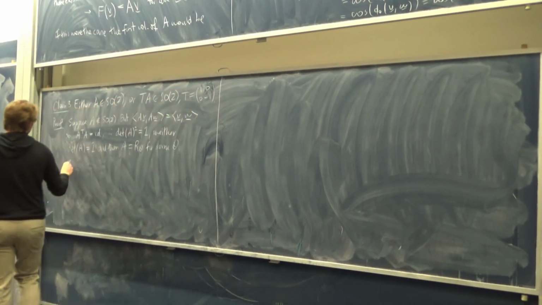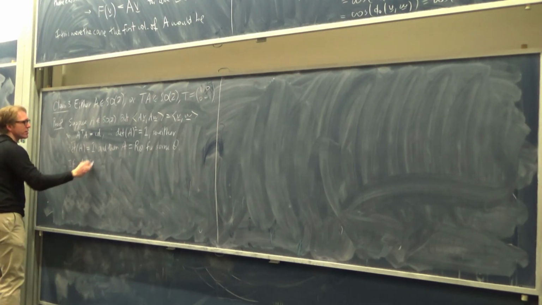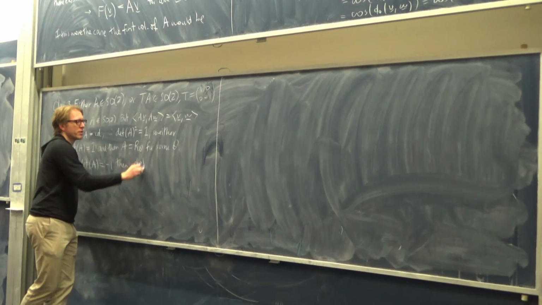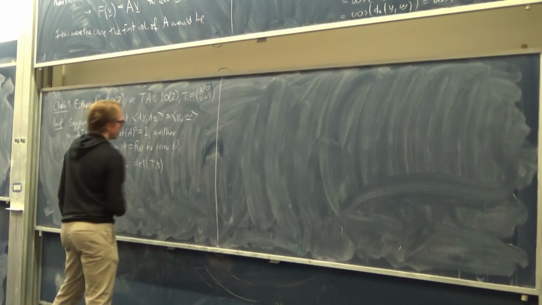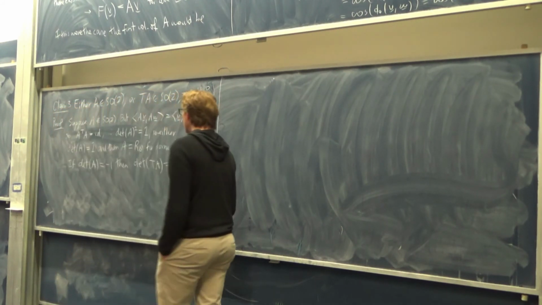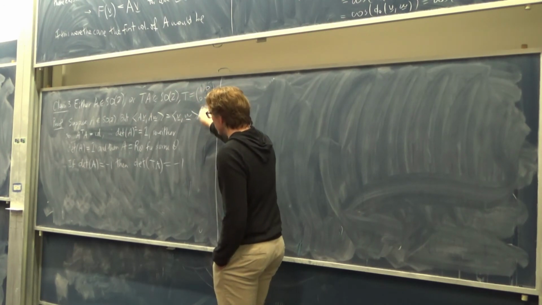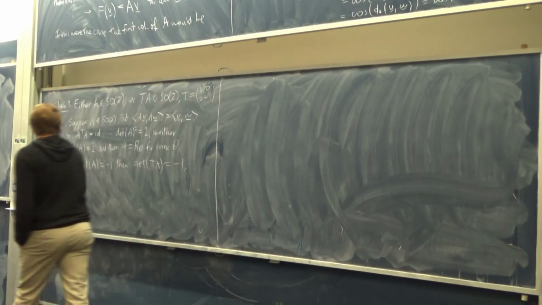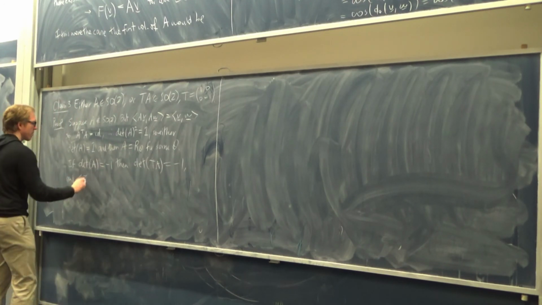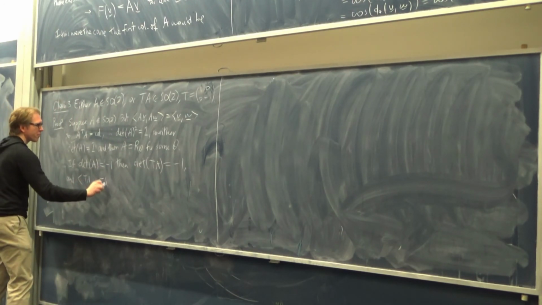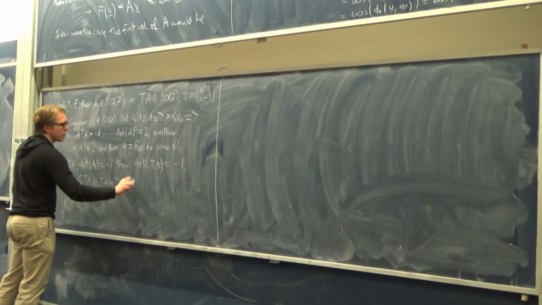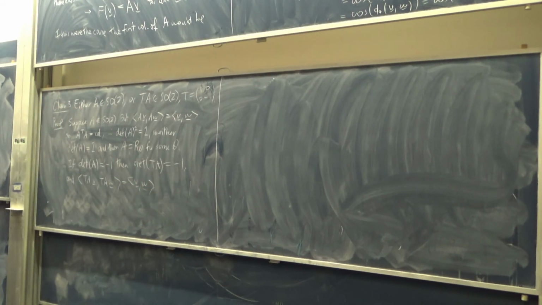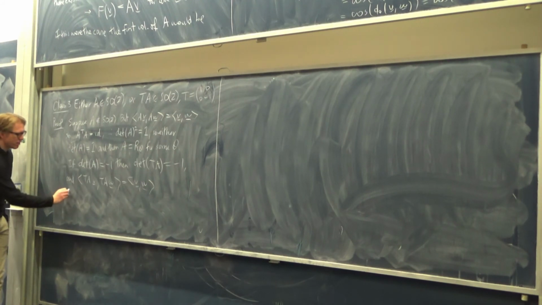If the determinant of A is negative 1, then the determinant of T times A is 1, because the determinant of T is negative 1 and the determinant is multiplicative. And TA preserves the inner product. So then we can apply the same argument to TA.